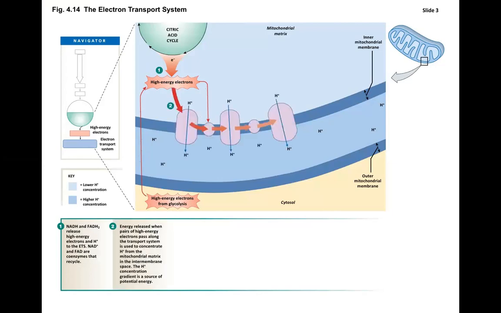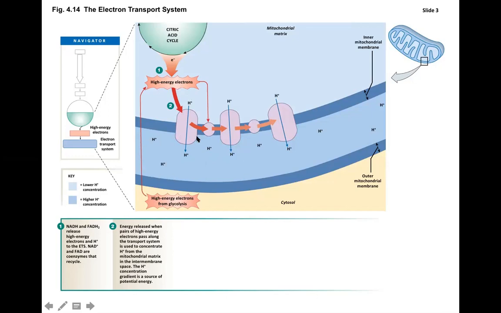So as the high energy electrons pass through the series of proteins on the inner membrane, within the intermembrane area, it pulls hydrogen ions into the space between the 2 membranes of the mitochondria.